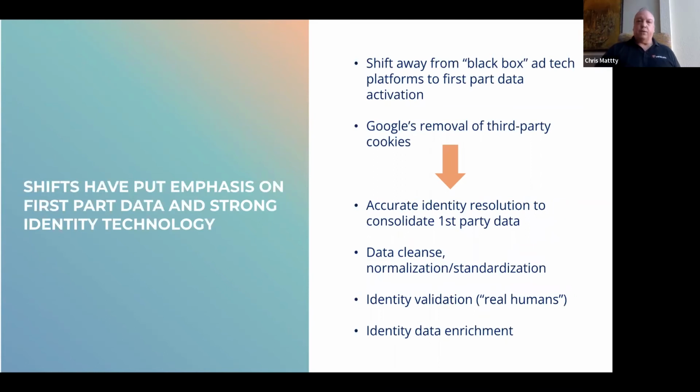Over the last 3 or 4 years, there's been a big shift away from these non-transparent black box ad tech platforms, combined with things like Google's removal of the third-party cookie. There's been a big shift of emphasis back to first-party data. And first-party data is the data that brands gather when they interact directly with their customer base, through their website, through these types of things.